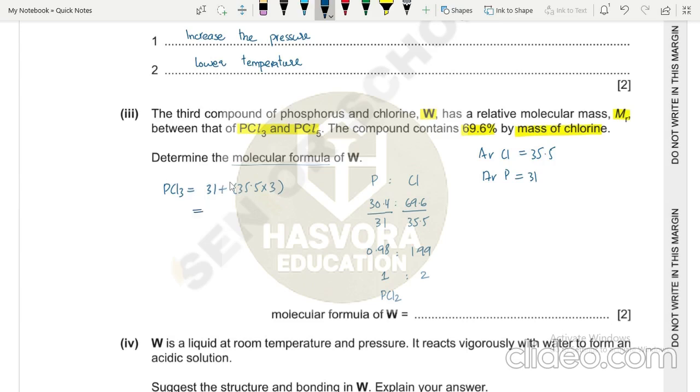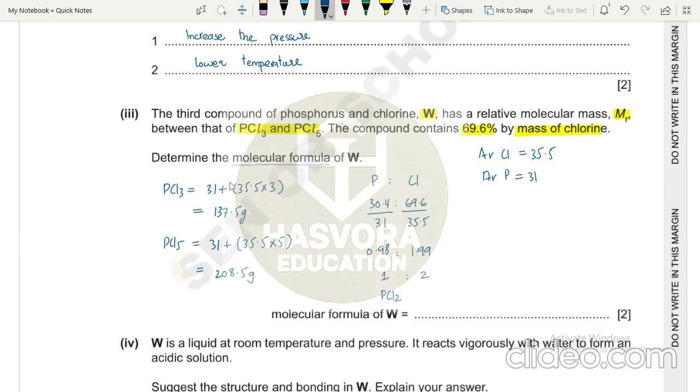So 35.5 into 3 and then plus 31, it will be 137.5 grams. And for PCl5 it will be 31 plus 35.5 into 5. This will be 35.5 into 5 and plus 31, it will be 208.5 grams.